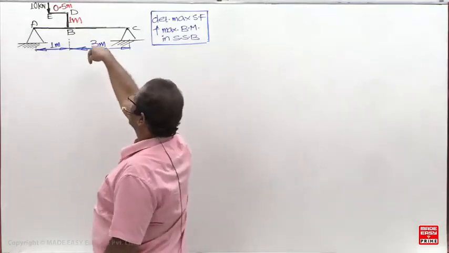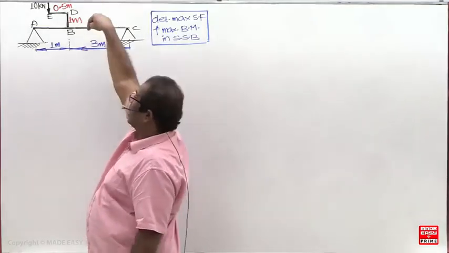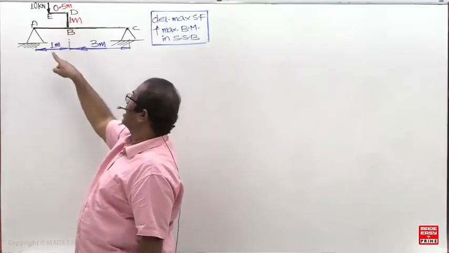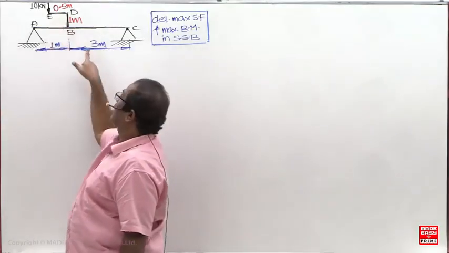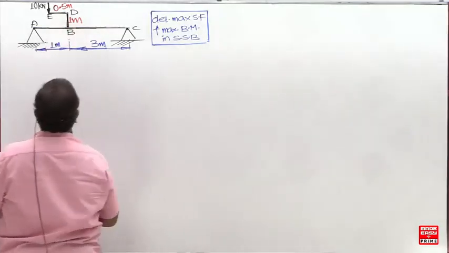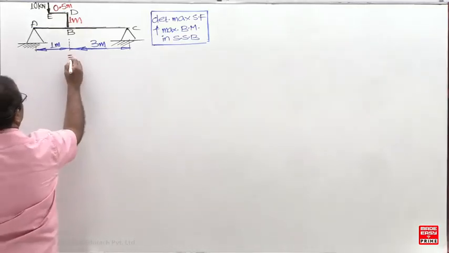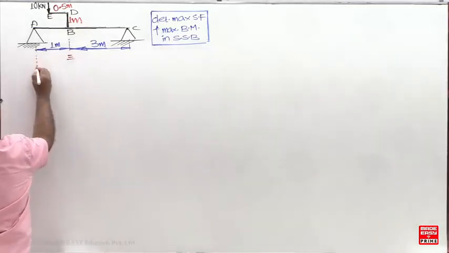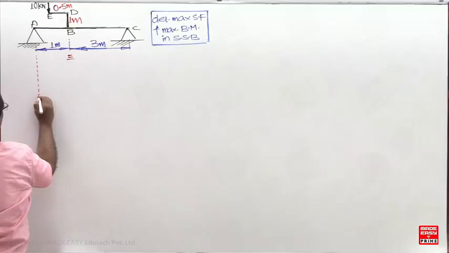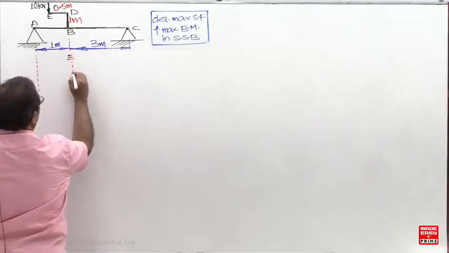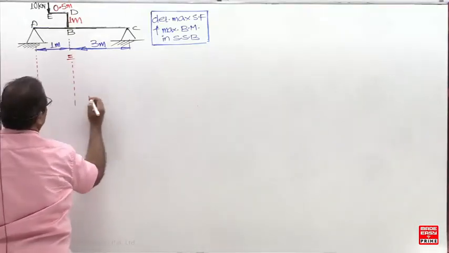So at B, one constant point load downward and a couple. The couple is anti-clockwise, 10 into 0.5. If somebody wants to use the dummy force concept, you can use it, but those who are thorough can put it directly.